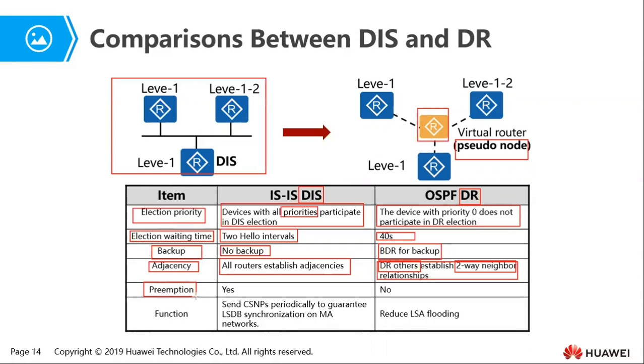Preemption is if a router is introduced in the network that has a better priority, is it going to trigger an election? In OSPF, no. We have already elected a DR. You cannot just come in with a better priority and now you want to become the DR. So it will not preempt the elected DR.